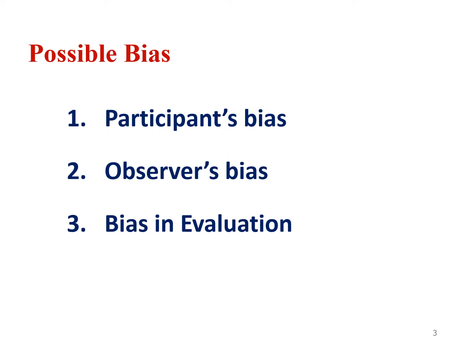Sometimes it may happen that an investigator subconsciously gives a positive result and a favorable report of the outcome. It is not possible to minimize or control these three biases by doing randomization. A technique called blinding is adopted to overcome this problem.